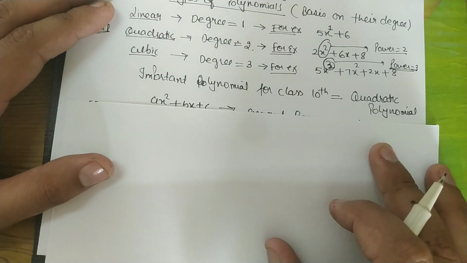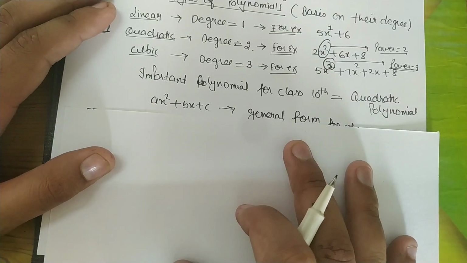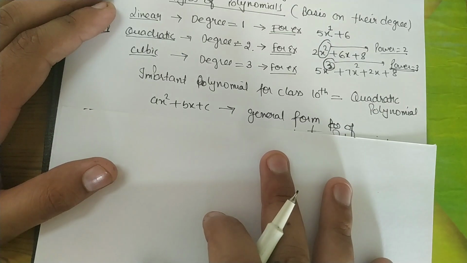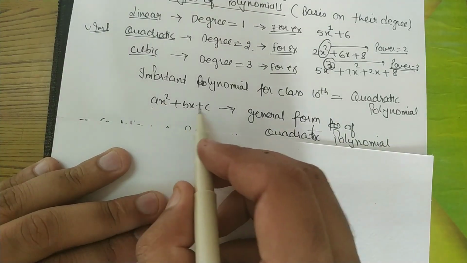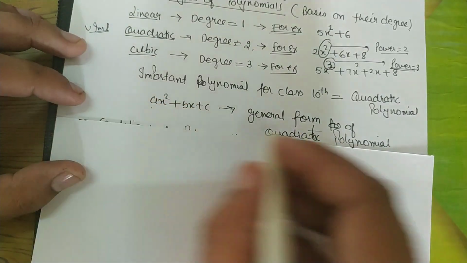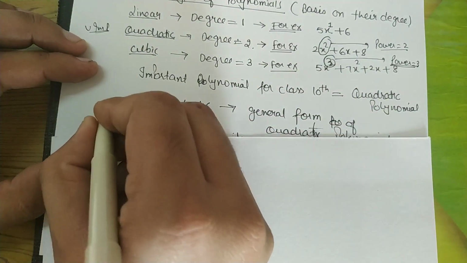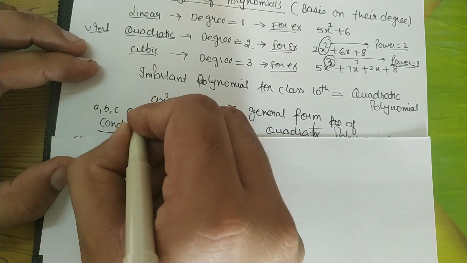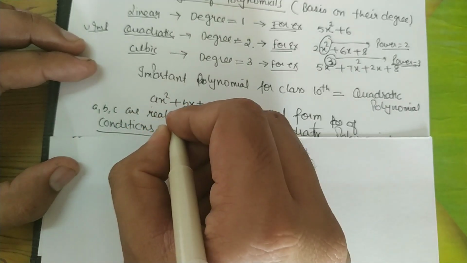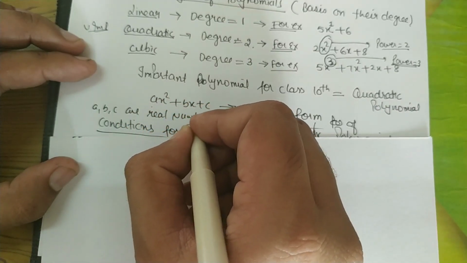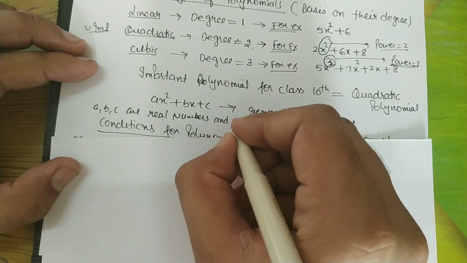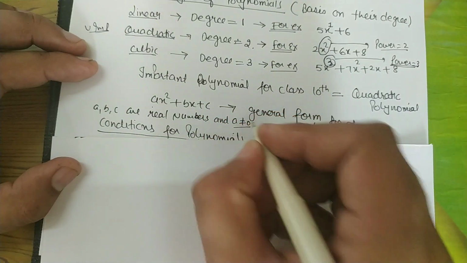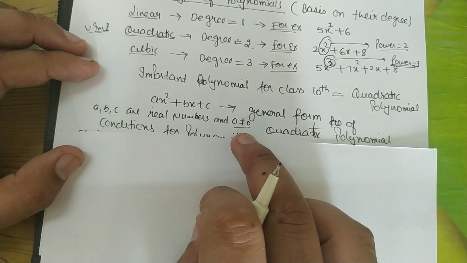Quadratic polynomials. So I will write firstly the general form of the quadratic equation. Just see it better. ax square plus bx plus c, where a, b, c are real numbers and a is not equal to 0.